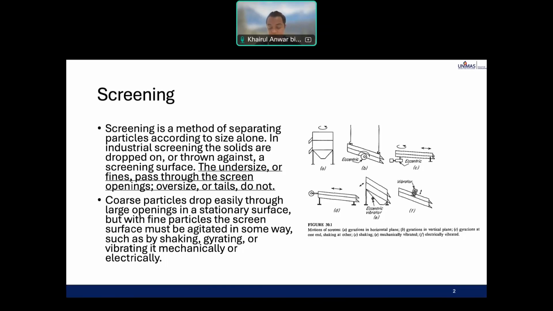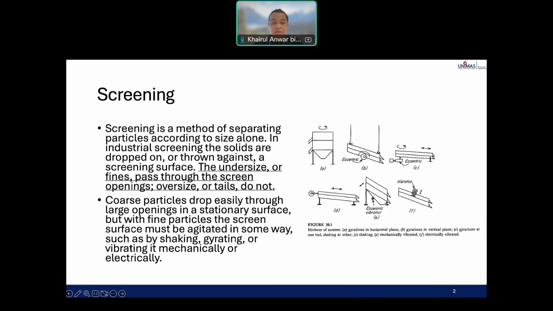So for screening, since it's using mesh, it's separating the material based on size. Screening is a method of separating particles according to size alone.